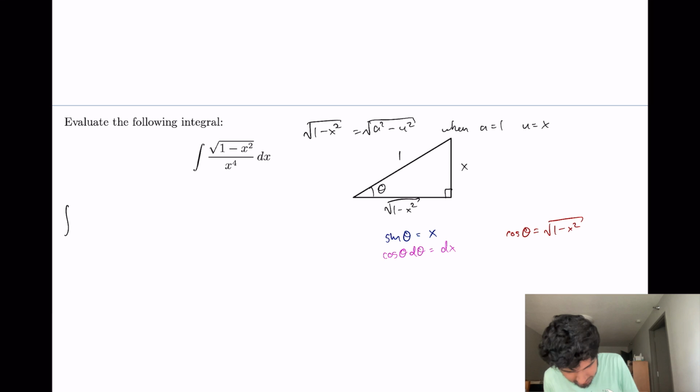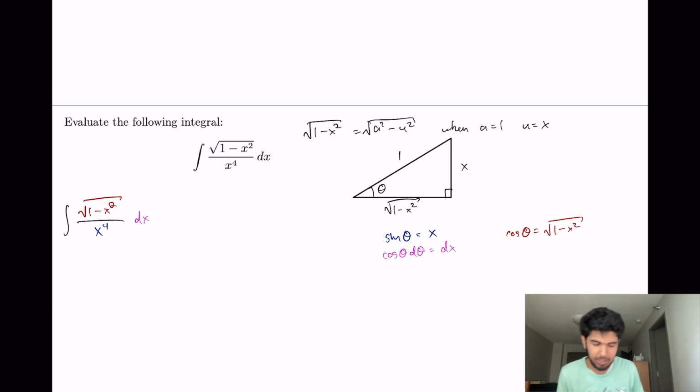Let's rewrite this integral with colors. So the numerator stays 1 minus x squared. In the denominator, we'll use this blue color, x to the 4th, and then dx will be in pink. And now we can see how things line up with each other, and we're ready to substitute.